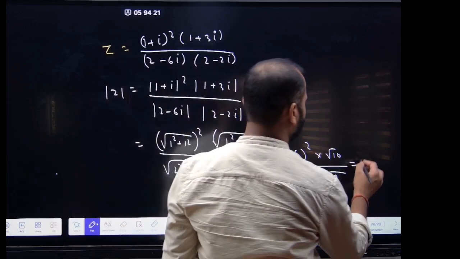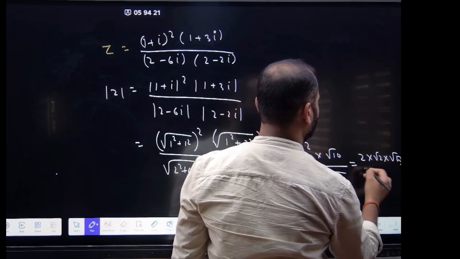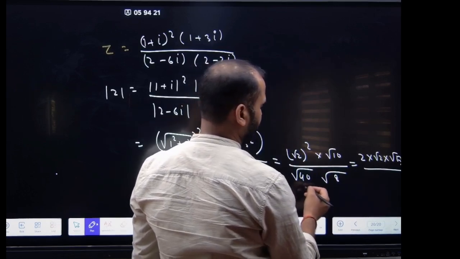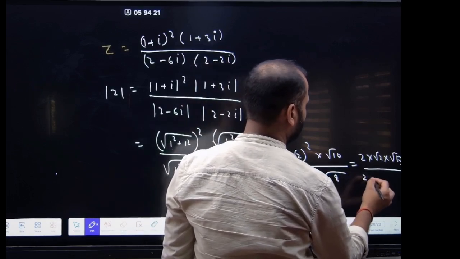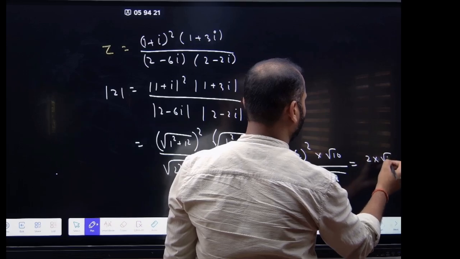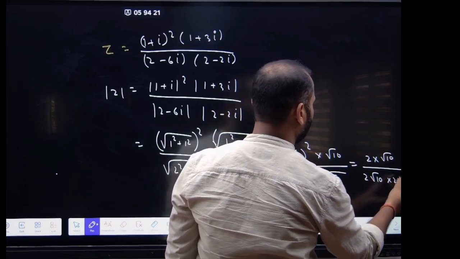After that, if I solve, this is 2 times root 10 in the numerator. Denominator: root 40 you can write as 2 root 10, and root 8 as 2 root 2.